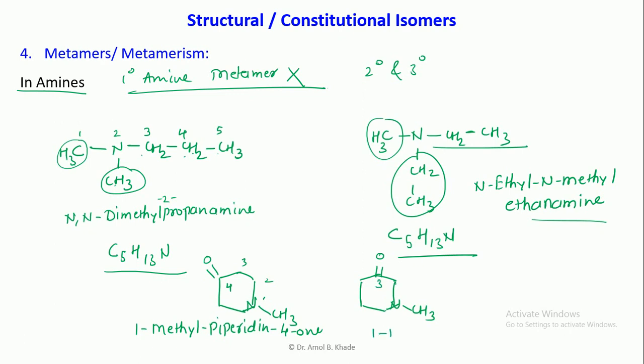It will be 1-methyl-piperidin-3-one. So this structure and this structure have the same molecular formula, but they differ in the arrangement. In this case they are referred to as the metamers of each other.